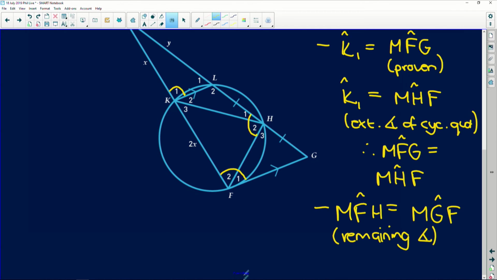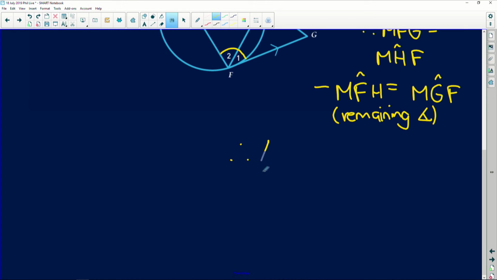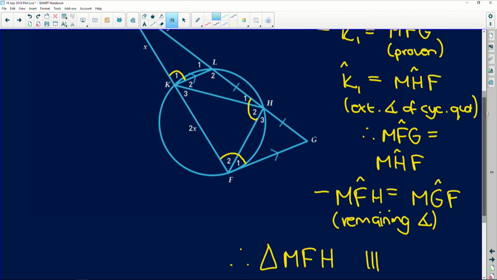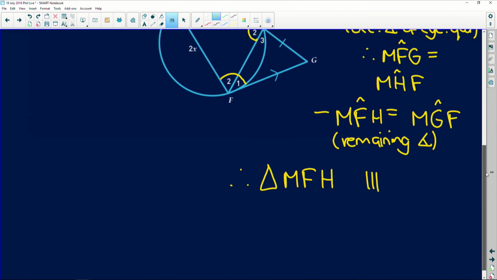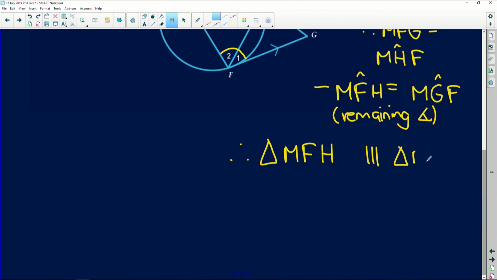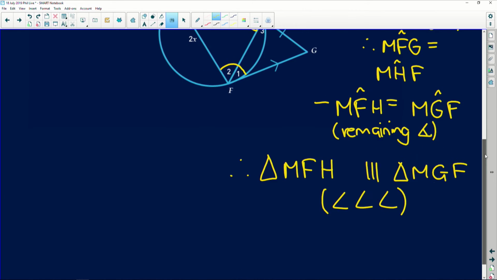And therefore, you can conclude that triangle MFH is similar to, let me double check, MFH is similar to MGF. And don't forget to give a reason why. In this case, it's angle, angle, angle.